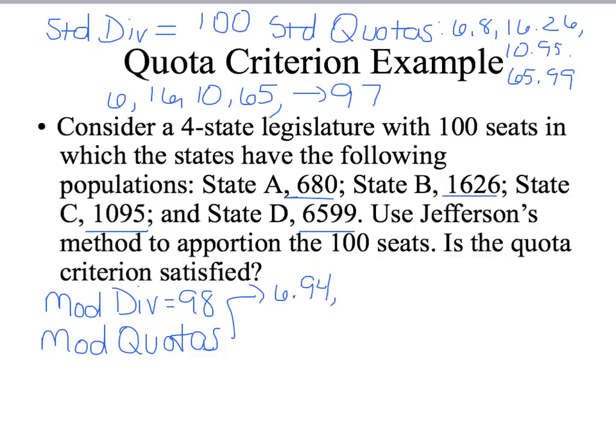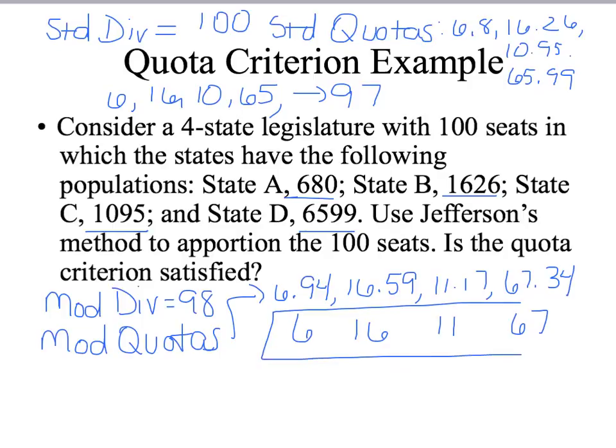And 1626 divided by 98 is 16.59. 1095 divided by 98, 11.17. 6599 divided by 98 is 67.34. Round all of those down. And I do, in fact, have now the correct apportionment.